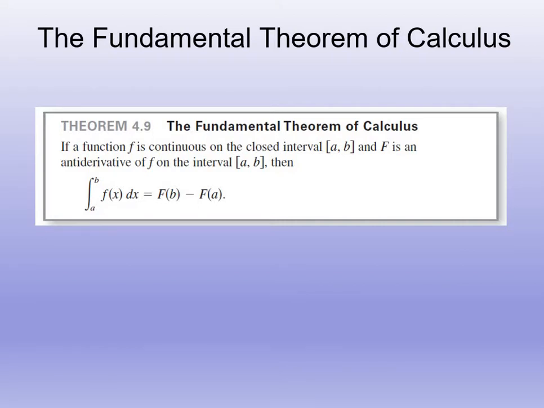This is the fundamental theorem of calculus, theorem 4.9. It states, if a function f is continuous on the closed interval from a to b, and capital F is an antiderivative of lowercase f on the interval a to b, then we can write the integral from a to b of f of x dx is the antiderivative of the function evaluated at b minus the antiderivative of the function evaluated at a.